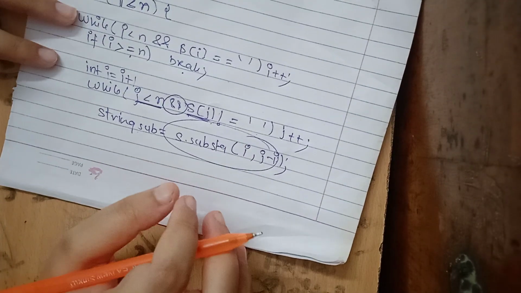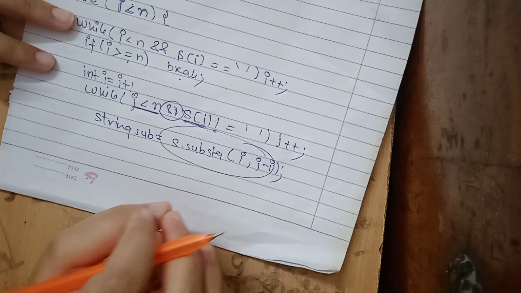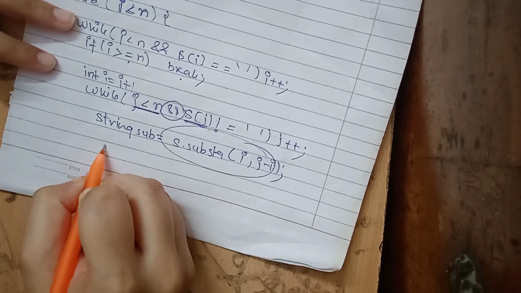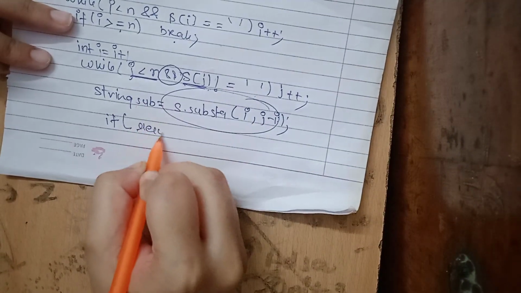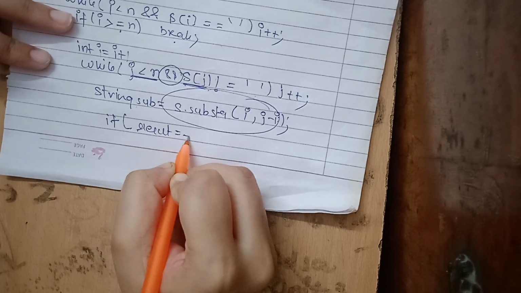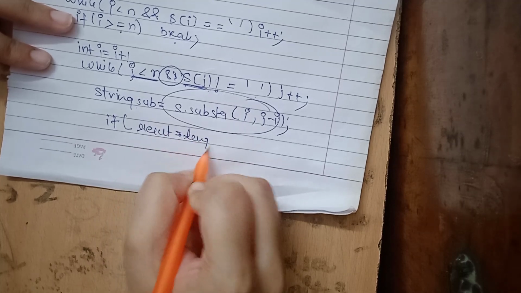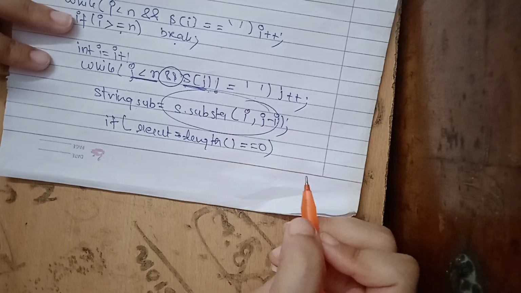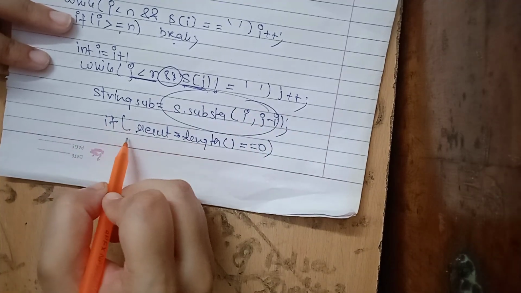Now this is all done, but the main task is to reverse your string. So now you have initialized result as a string. If your result dot length is equal to 0, it means that this is the first word which you are initializing.